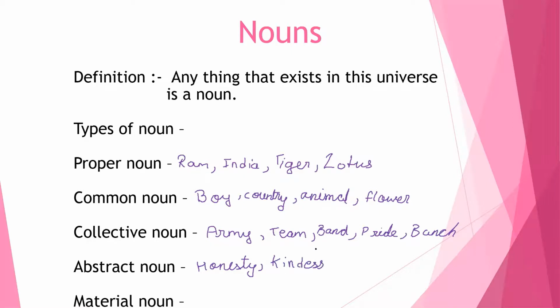And poverty, etc. Material noun. By the word, we can guess that it is talking about some material. For example, gold. It is a material. Silver, wood, plastic, etc.